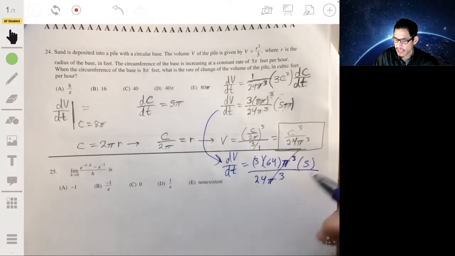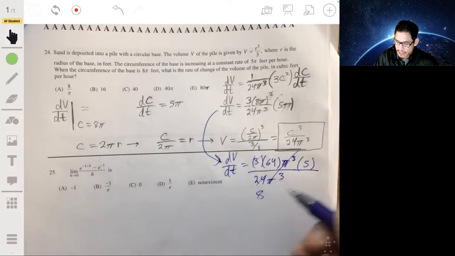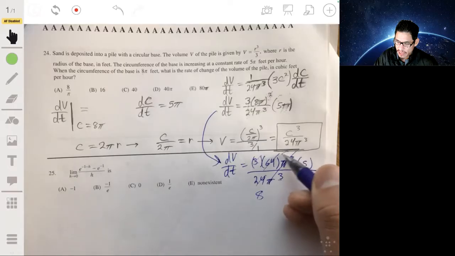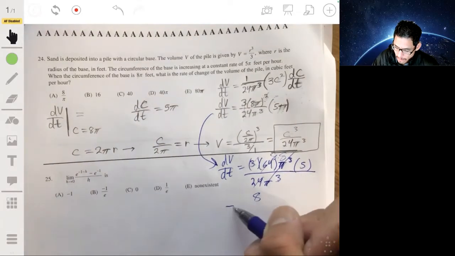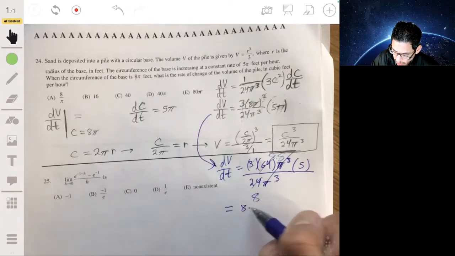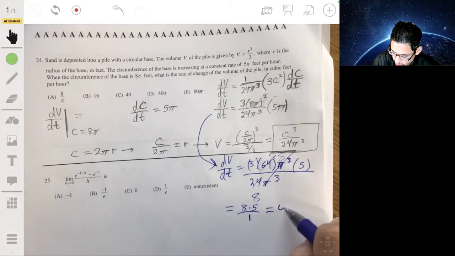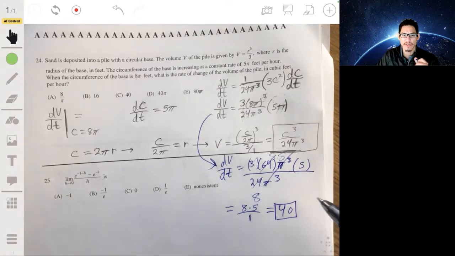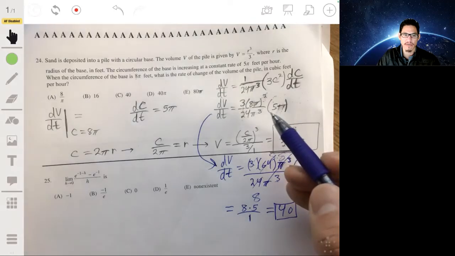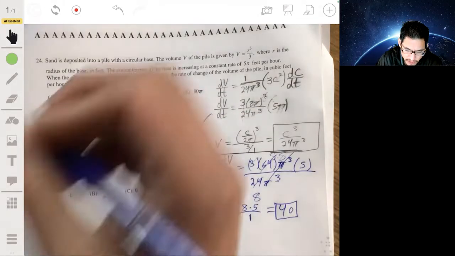The pi cubes cancel. 3 over 24 becomes 1 over 8. 64 over 8 is 8. So we have 8 times 5 left on top, all over just 1. So all you have is just 40. Pardon my algebra, I know it's a little messy, but this is just algebra. You shouldn't have an issue with that, hopefully. So the answer is just 40. The answer is C.